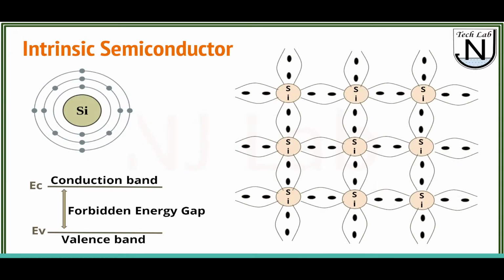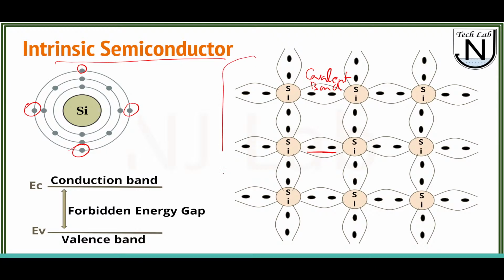Starting with the intrinsic semiconductor, silicon atoms have 4 electrons in the outermost shell. When two silicon atoms are bonded with each other with the help of covalent bonds, the silicon outer shell electrons share electrons from the other atom, right?